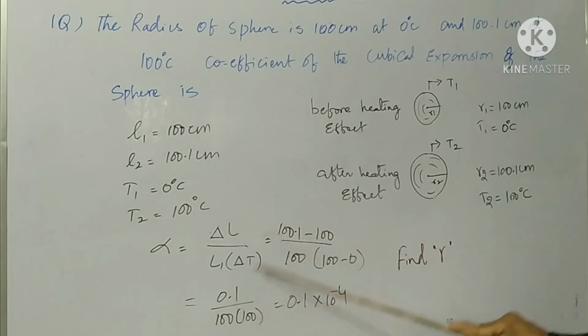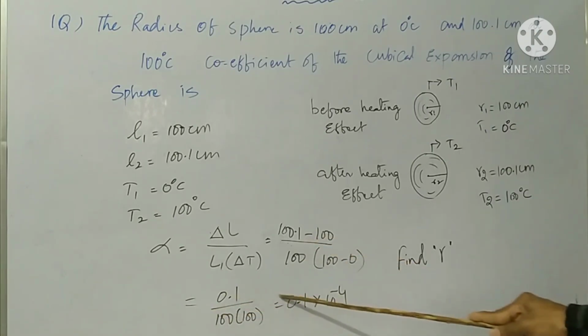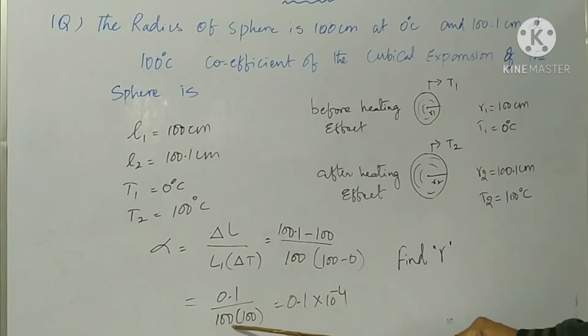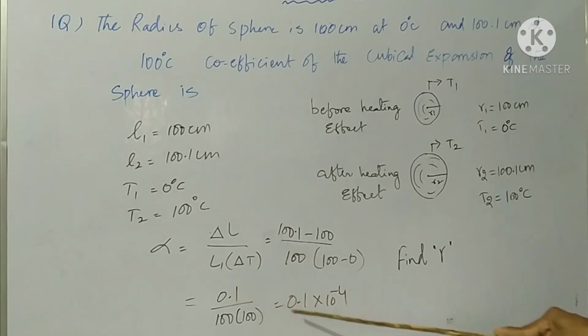That is equal to 0.1 by 100 into 100, which is 10 power 4. Transposing this into the numerator, the result will be 0.1 into 10 power minus 4.